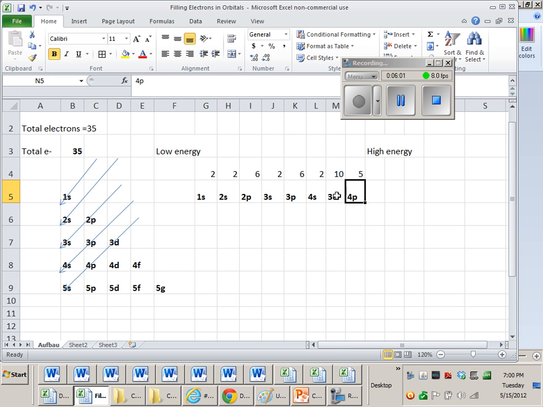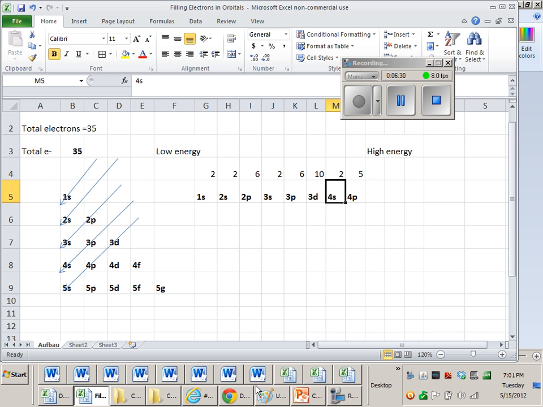I'd have 3d where 4s is. It would be 3d10 and then 4s2.